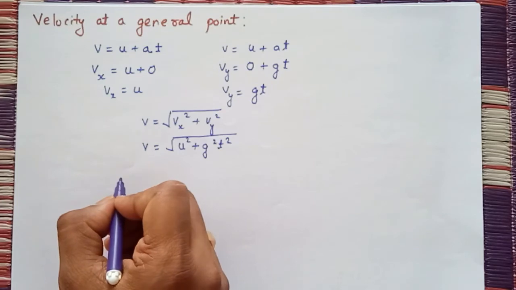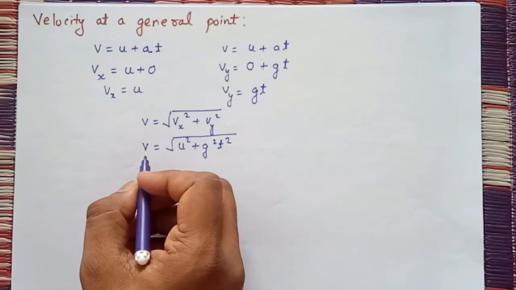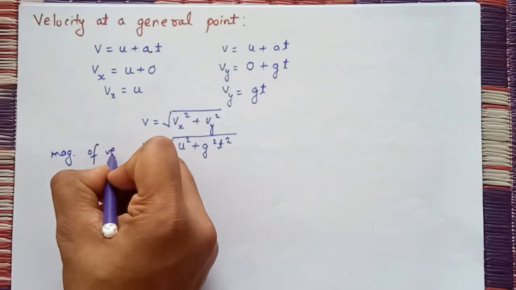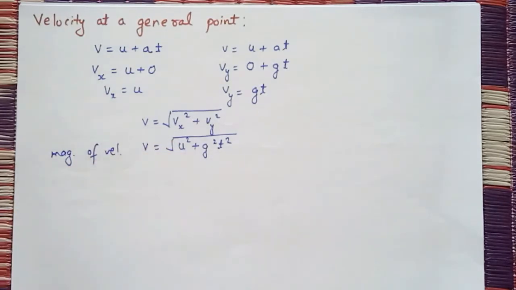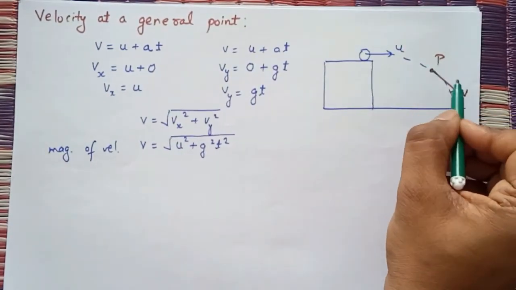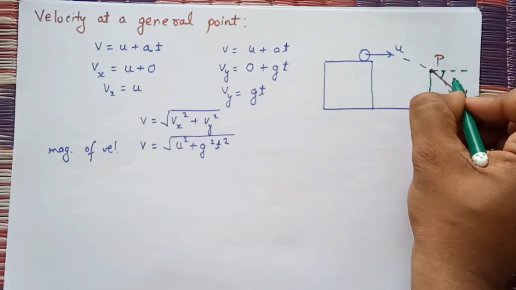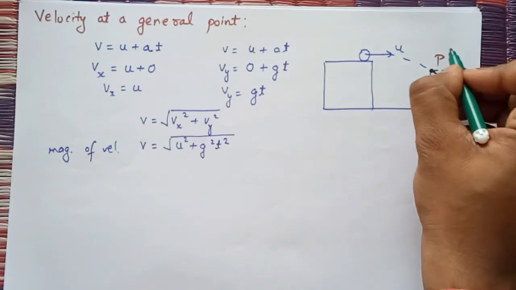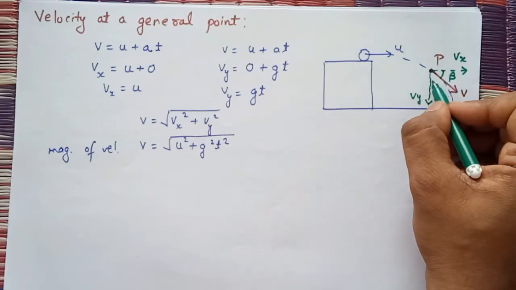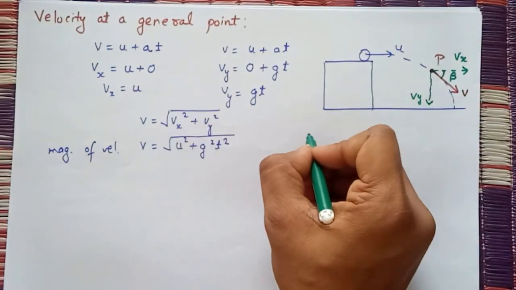And since this is a vector quantity, I also have to find the theta or the angle for it. This was the magnitude of velocity, and now I will find the angle for it. See, this was our projectile, and at point P its velocity becomes v. So making its components, I am taking this angle as beta. This one will be the horizontal component Vx, and this one will be the vertical component Vy. Then what will be the angle? tan beta.